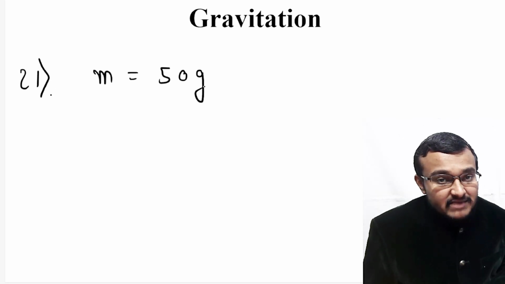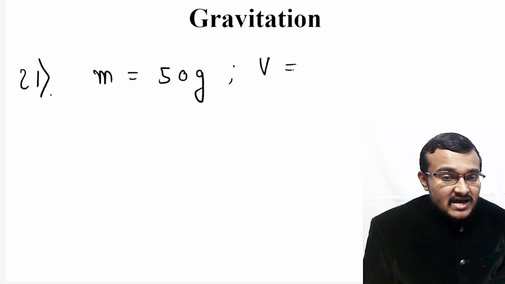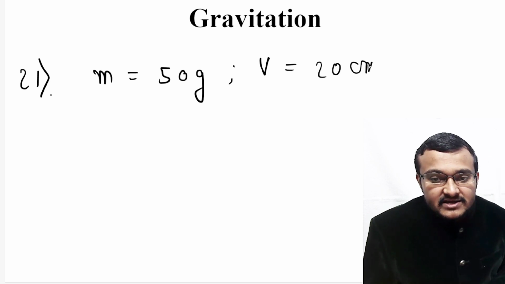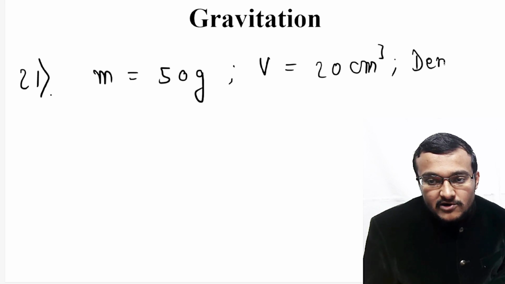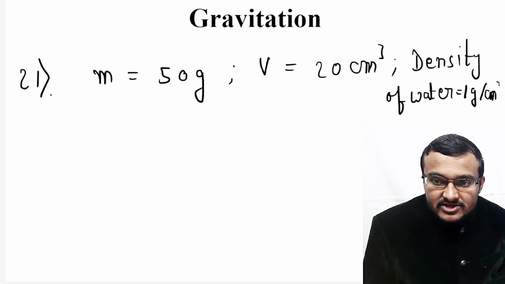Here they have given the mass of a particular substance, that is 50 gram, and the volume of this substance, that is 20 centimeter cube, and they have given the density of water. The density of water is equal to 1 gram per centimeter cube.